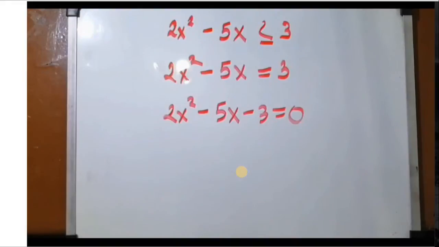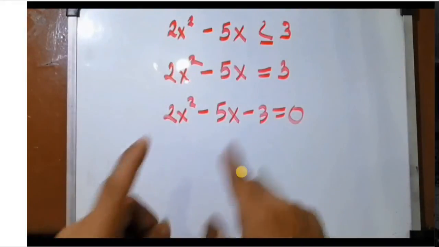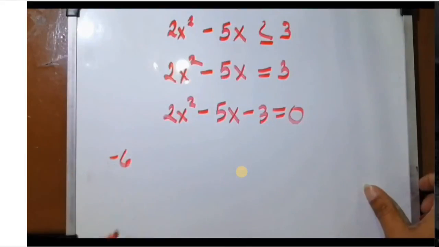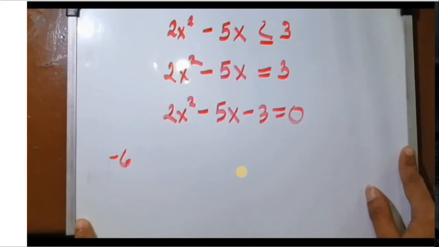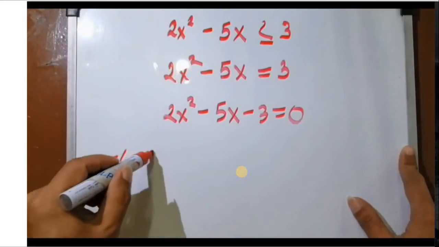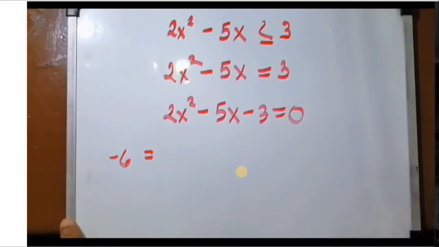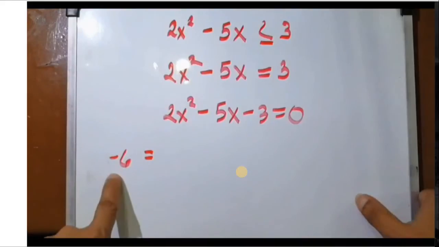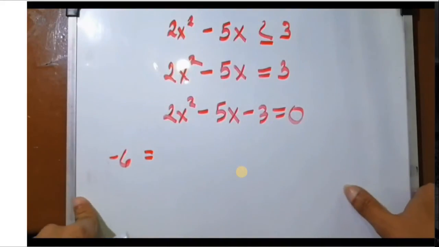So again, paano mag-factor? Multiply natin itong dalawa. Okay? So meron kang negative 6. Okay? So negative 6. Yan. So, ano-ano ngayon yung mga factor ni negative 6 na pag pinag-add natin, negative 5 ang sagot.